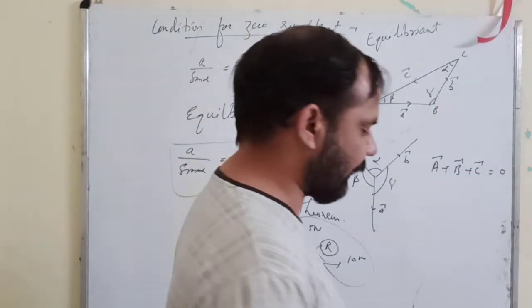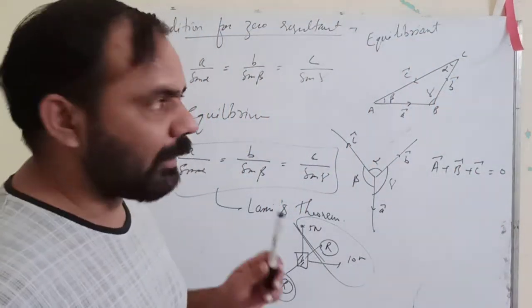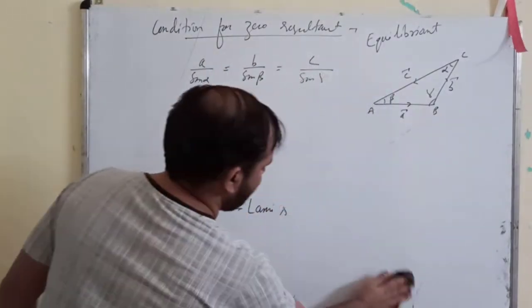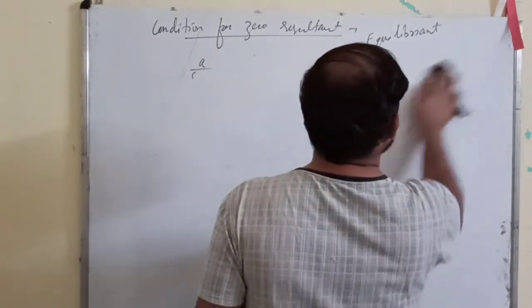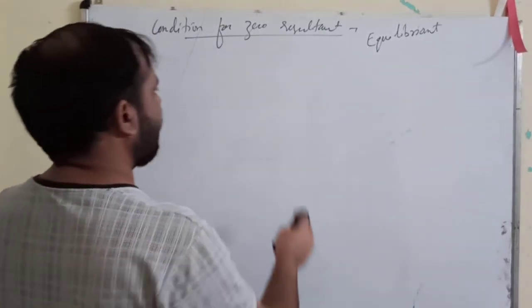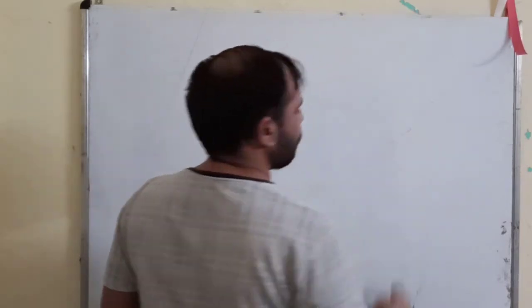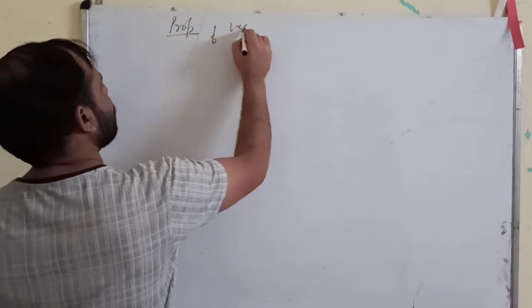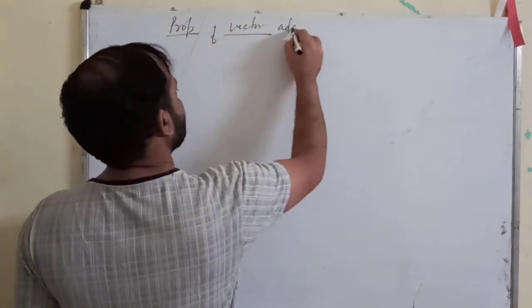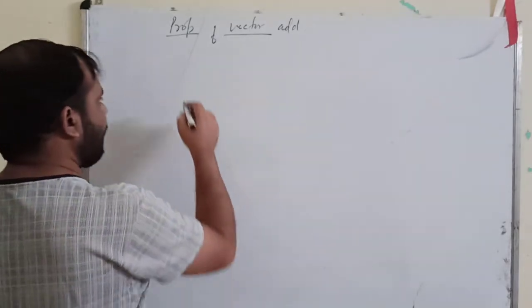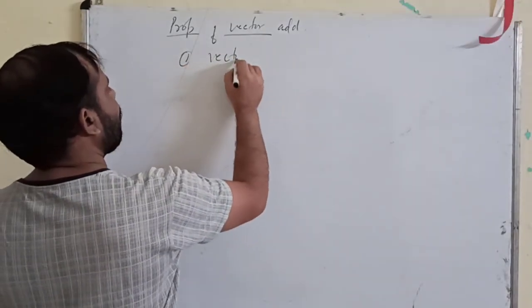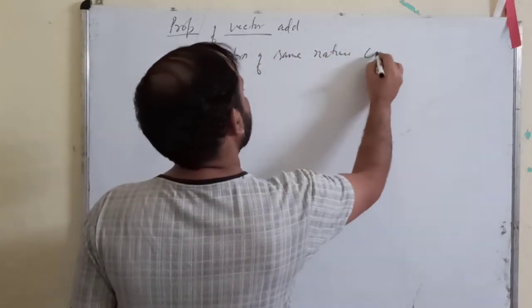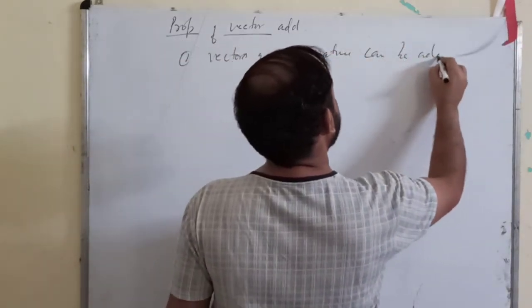Finally, the last topic for today: properties of vector addition. The first one is that vectors of the same nature can be added.